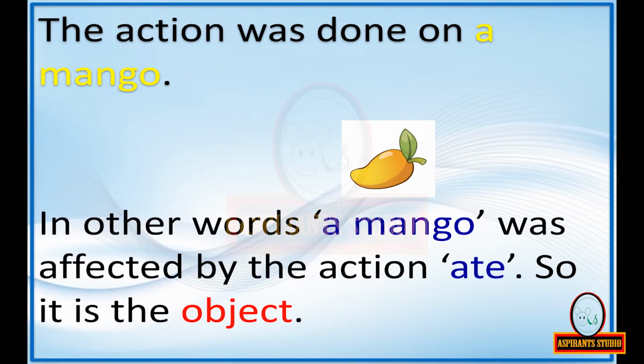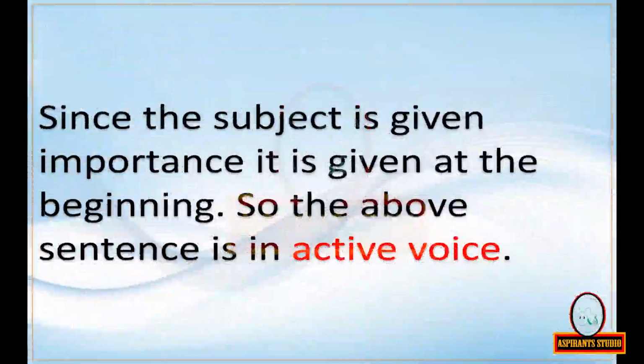In other words, a mango was affected by the action ate. So, it is the object. Since the subject is given importance, it is given at the beginning. So, the above sentence is in the active voice.